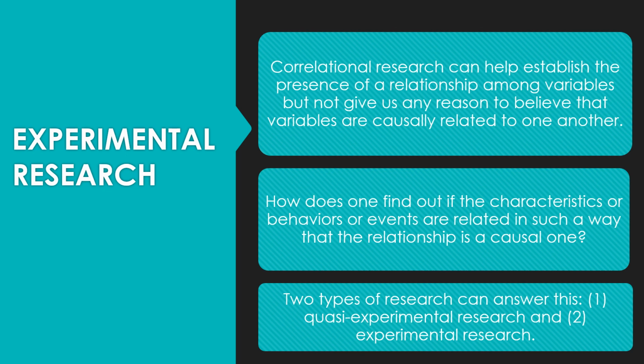How does one find out if the characteristics, behaviors or events are related in such a way that the relationship is a causal one? That means we need to know that one is the cause of the effect on another. Two types of research can answer this question: one is quasi-experimental research, and the second is experimental research. I will explain this in the next slides.